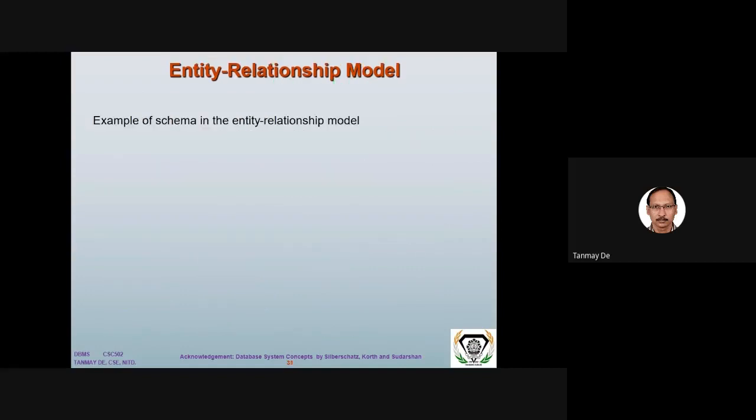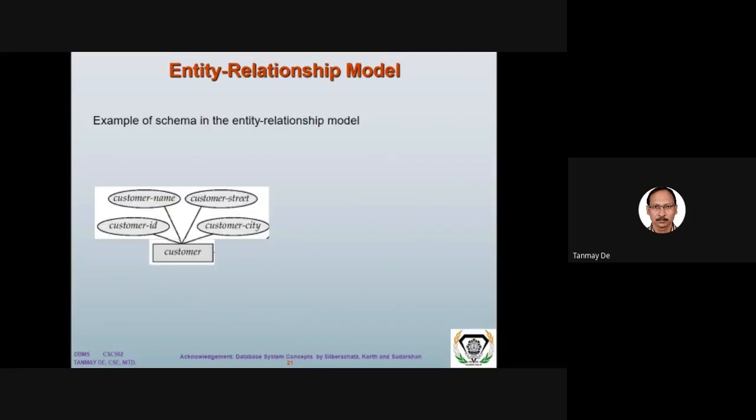For example, whatever I consider as the example, the customer is the entity set. So the customer entity set consists of customer type entities, a number of entities. It is distinguished by the attributes customer ID, customer name, customer street, customer city. Another entity set has account number and balance.